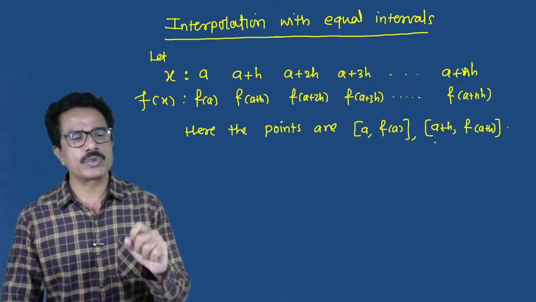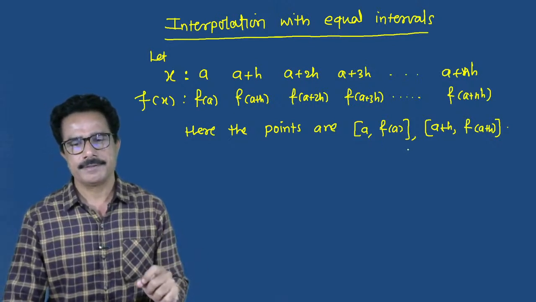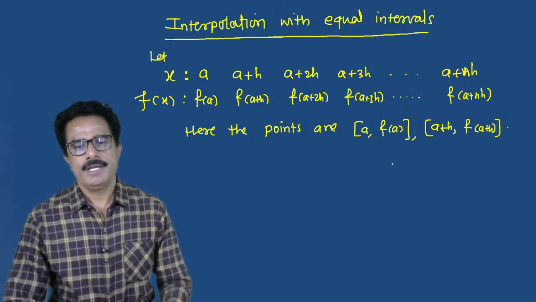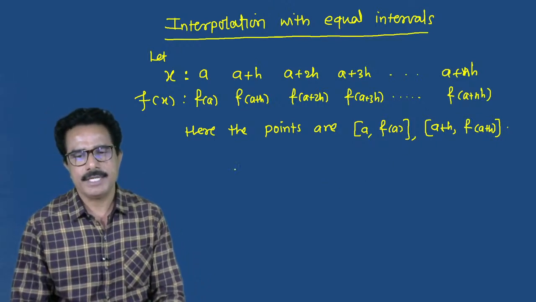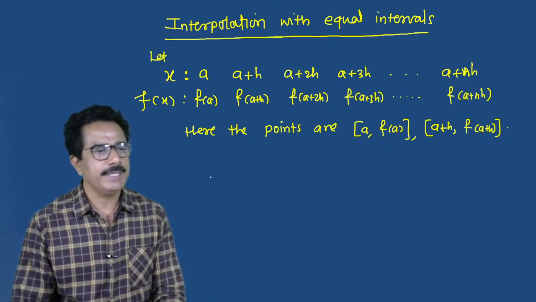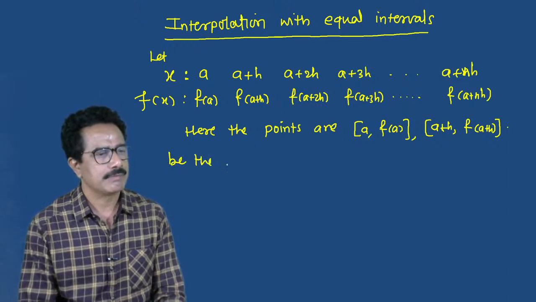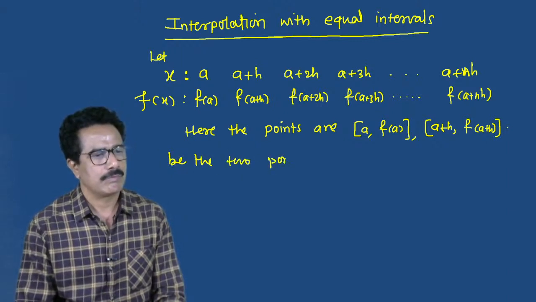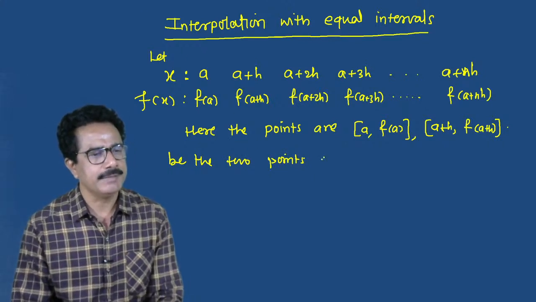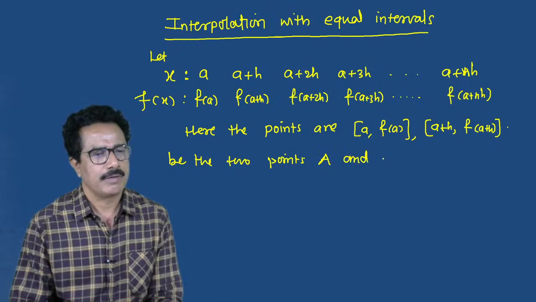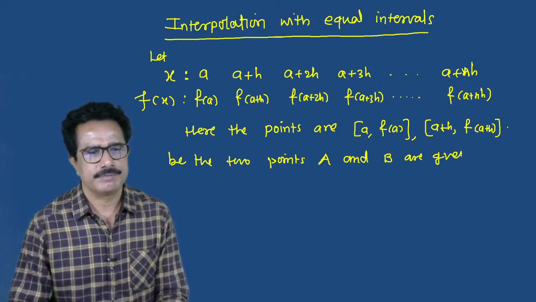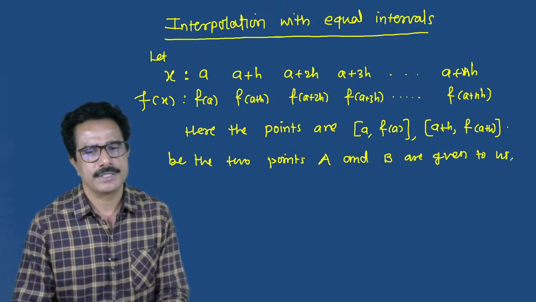So suppose there are 2 points A and B given to us.